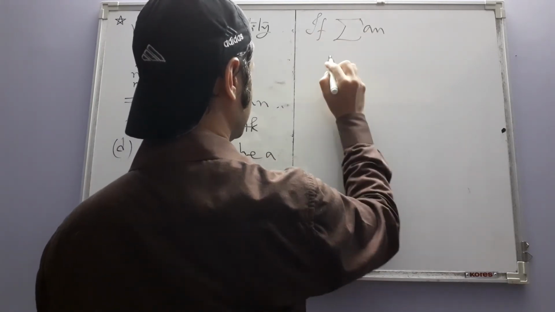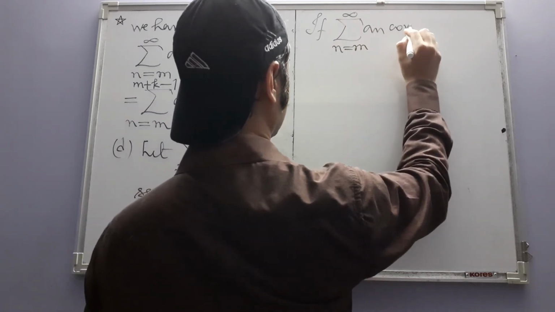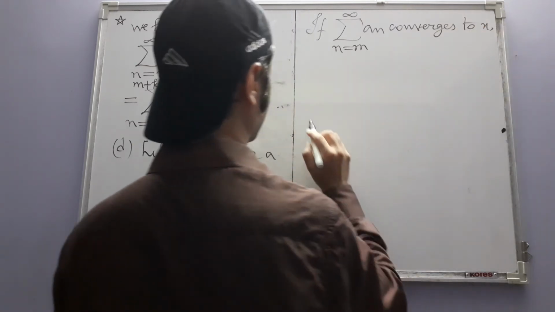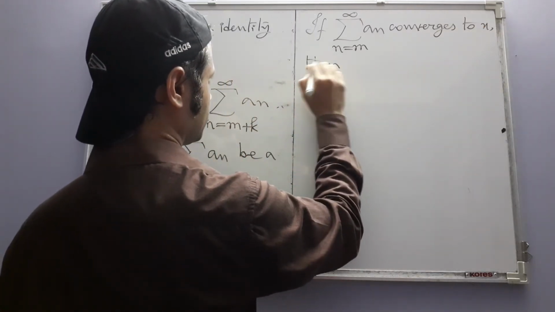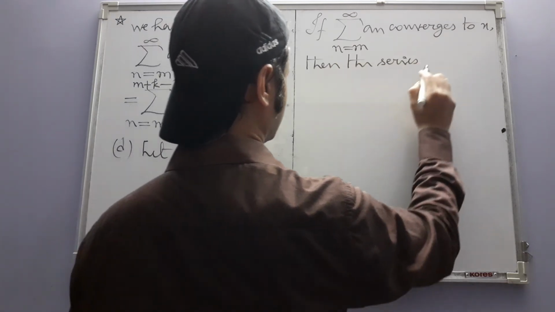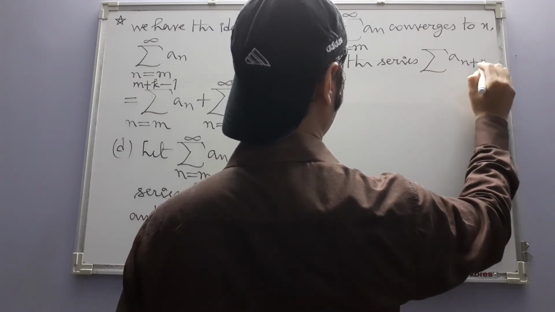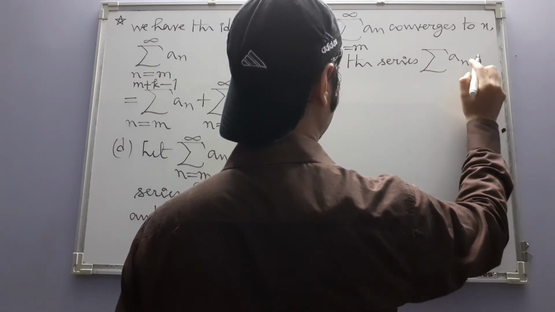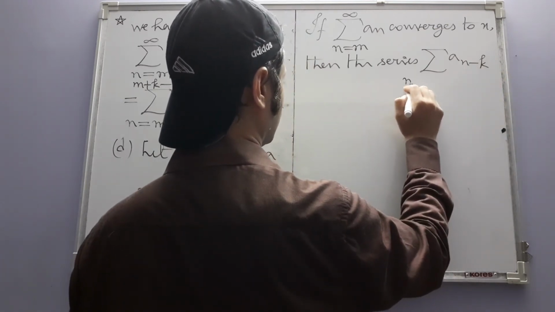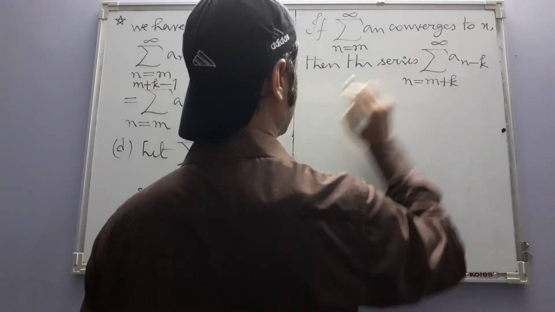If our original series converges to the real number x, then summation a n minus k, where n now is varying from m plus k to infinity, also converges to x.